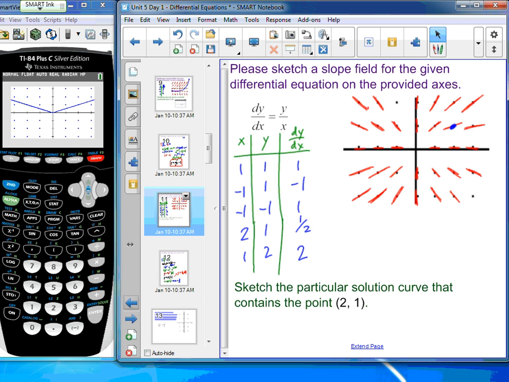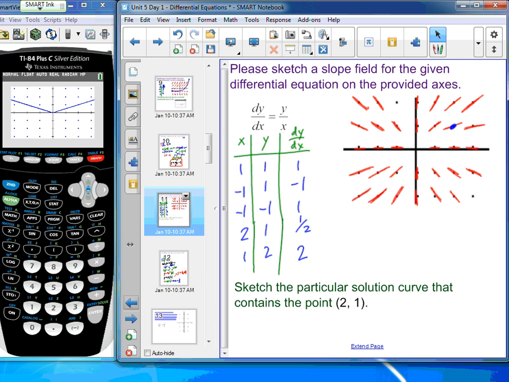Oh. What's the value of my derivative at x equals 0, y equals 0? At that point we didn't know.